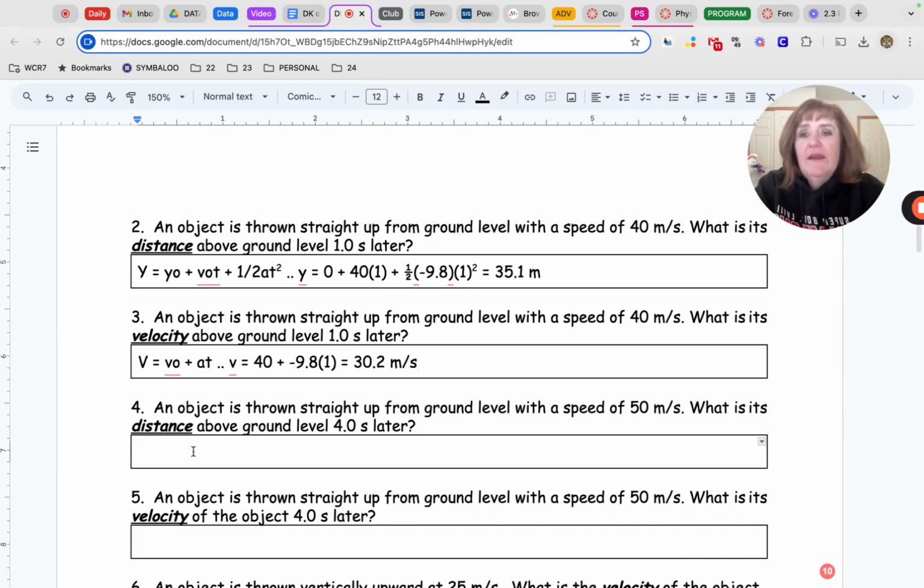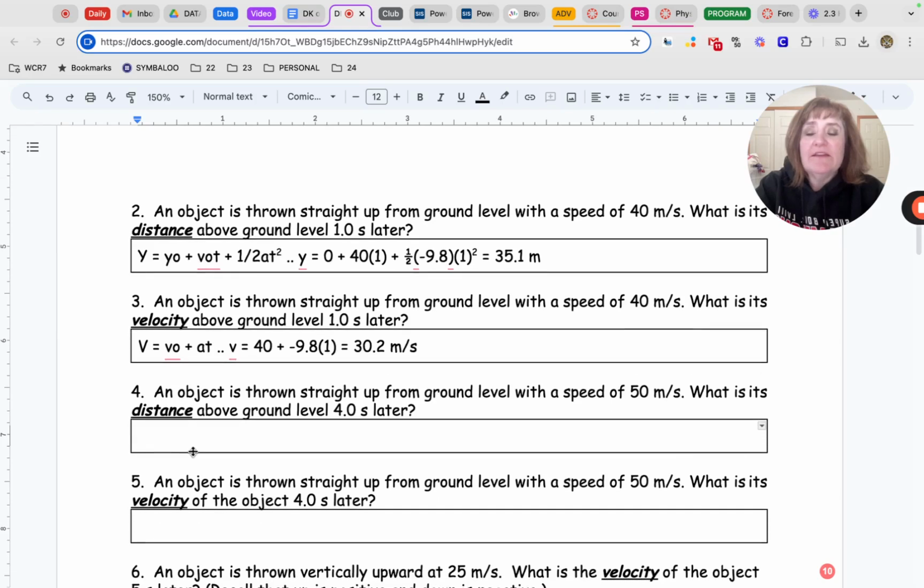4. An object is thrown straight up from the ground level at a speed of 50 meters per second. What is its distance above the ground 4 seconds later? This is exactly like number 2 with different numbers. y is equal to y naught plus v naught t plus 1/2 at squared.